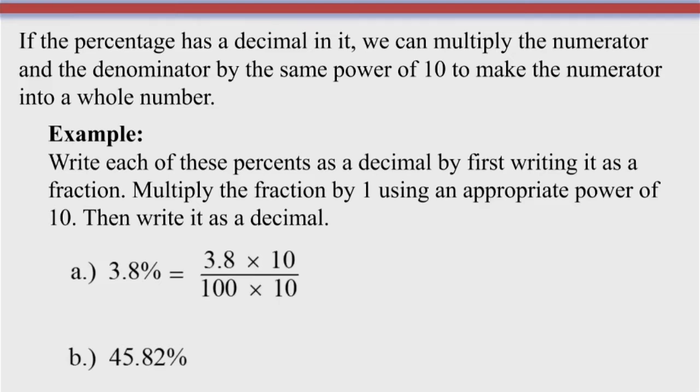That will remove this decimal here. It will increase this to 1,000, but it'll make it so we have a fraction without a decimal in it. We get 38 over 1,000, and then we need to go ahead and do that division, and it is simply 0.038.